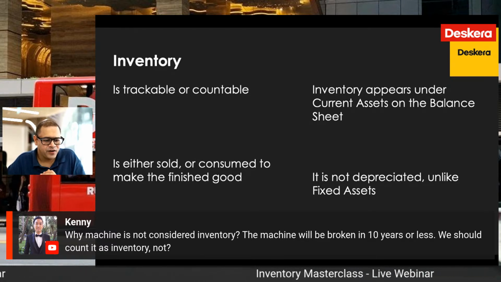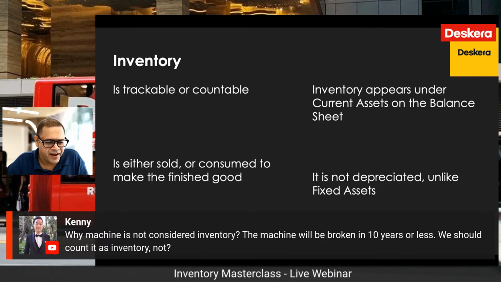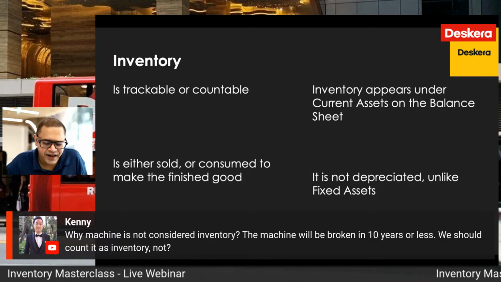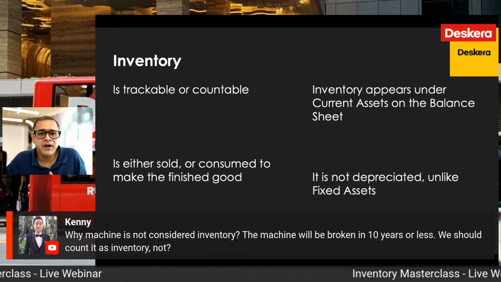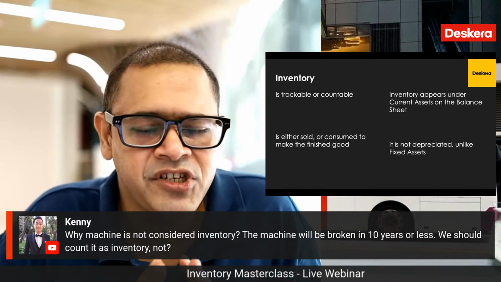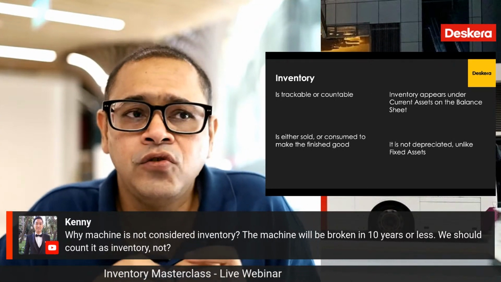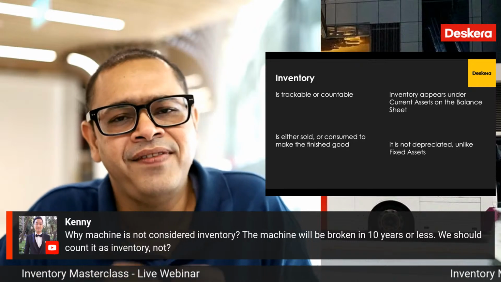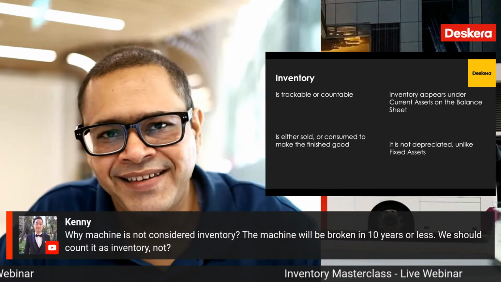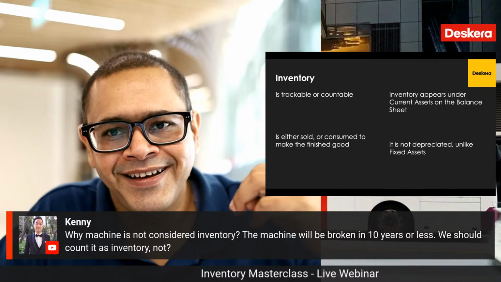Okay, there is a question from Kenny: why is a machine not considered inventory? The machine will be broken in 10 years or less. So in this case, we should consider the machine as a fixed asset with a useful life of 10 years. Every time you're making a sale, the machine is not being sold, right?